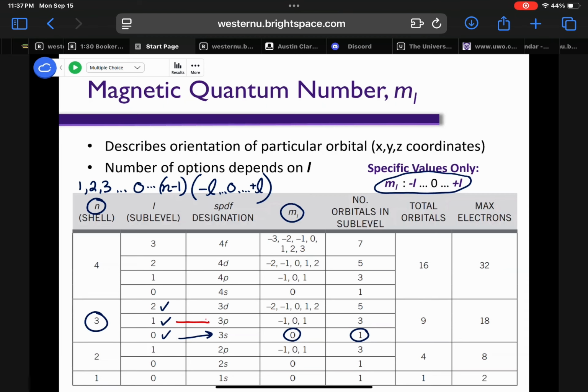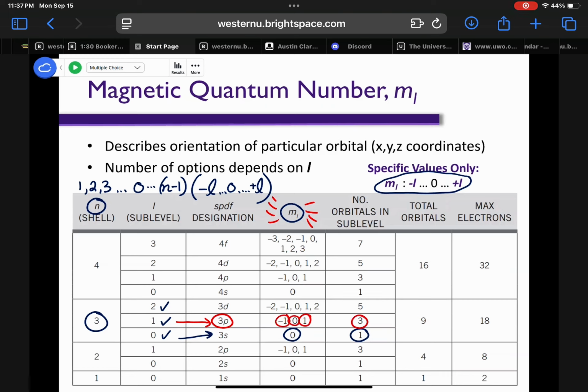If L equals 1, that means we're talking about a p orbital, a 3p orbital. The number of options for the magnetic quantum number, ML, depends on what L is. If L is 1, then the magnetic quantum number can go from negative 1 through 0 to plus 1. That gives us 3 options: negative 1, 0, and plus 1.